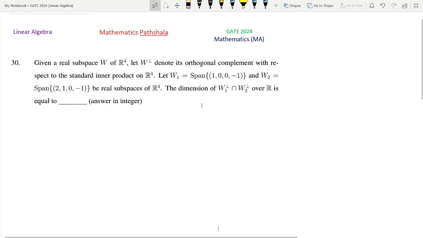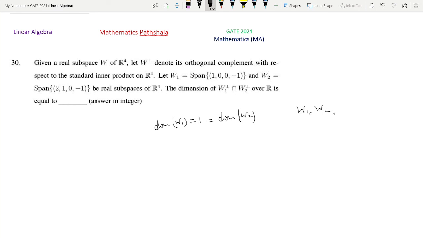There is no multiple choice option. W1 is the span of this singleton set, so clearly dimension W1 equals 1, and similarly dimension W2 equals 1. W1 and W2 are both subspaces of R4.